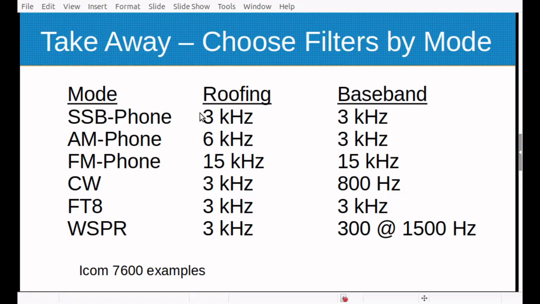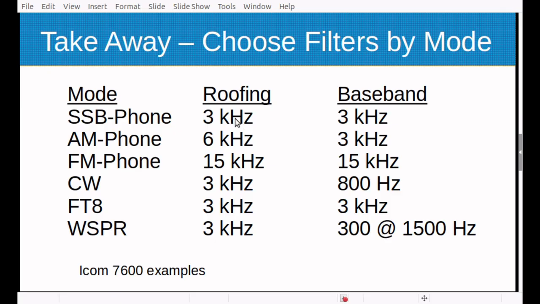Any spurious signals that are outside the band that you're interested in, when they hit that second mixer stage, are going to create intermodulation products. So you're going to get intermodulation products which are going to generate signals where you don't want them.